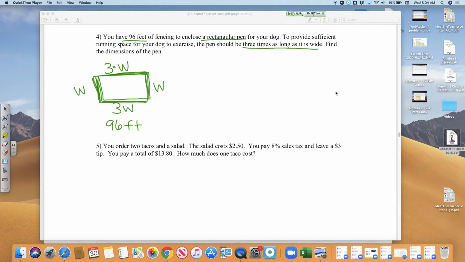What we would do here is look at the perimeter formula. The perimeter formula for a rectangle is basically add up all the sides, or multiply one of the sides by 2 and add it to the product of 2 times the other side.